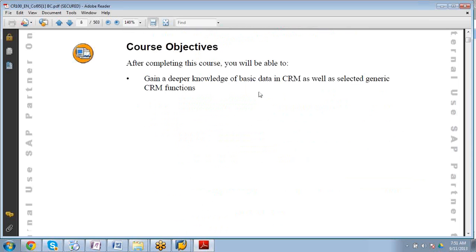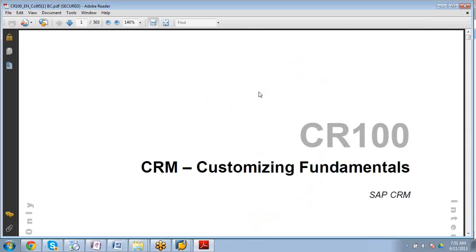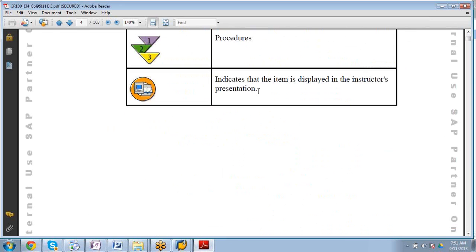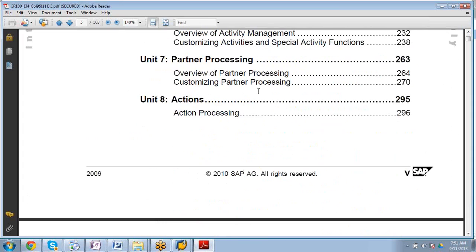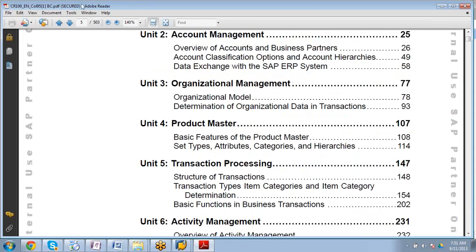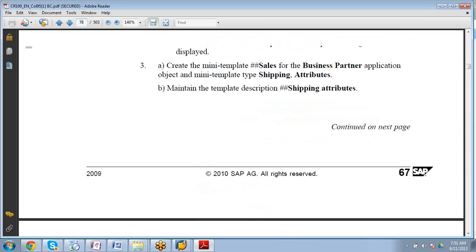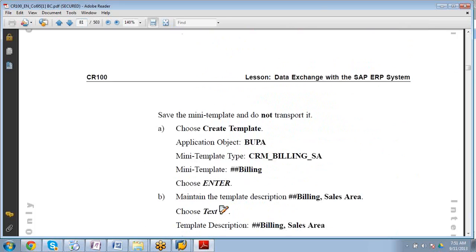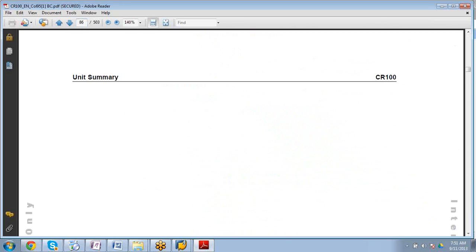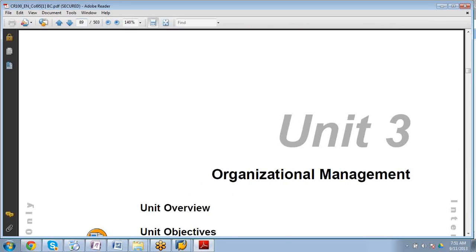So, any insights about the org model? You would have read this document. Mushir, you have this document with you, right? Document, yes, sir. Anything you read about the org model, where you can give a brief introduction?